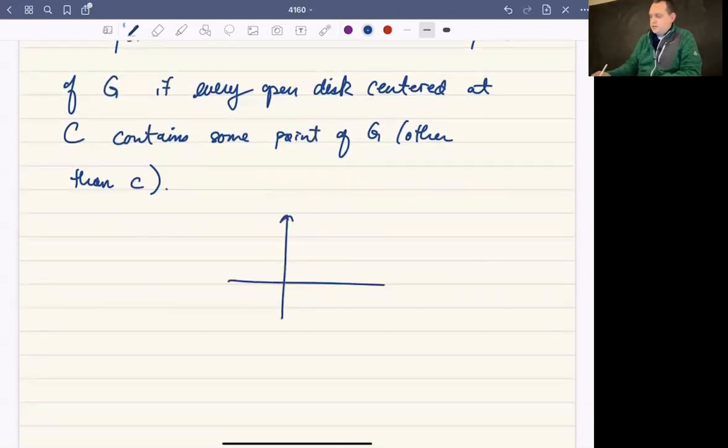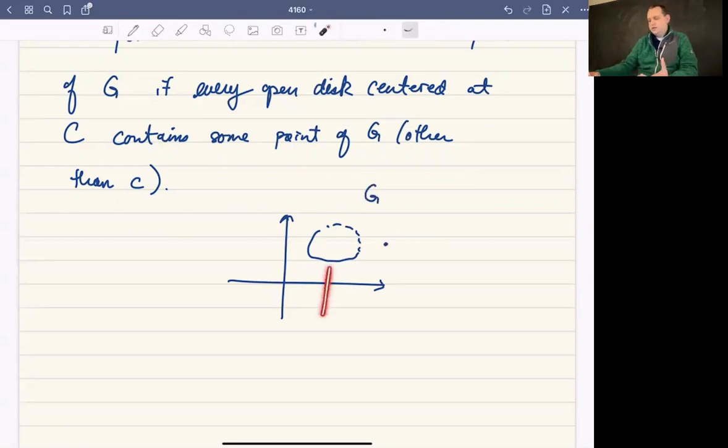If you were to take a set like this, so G is this set, this little piece that's not open, that's not closed, plus this point. This point is an isolated point and therefore not an accumulation point. Accumulation points require that every open disk around this point contains some point in G other than the center itself, other than this point where it's centered.